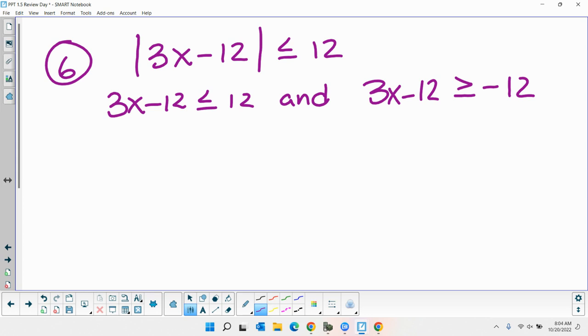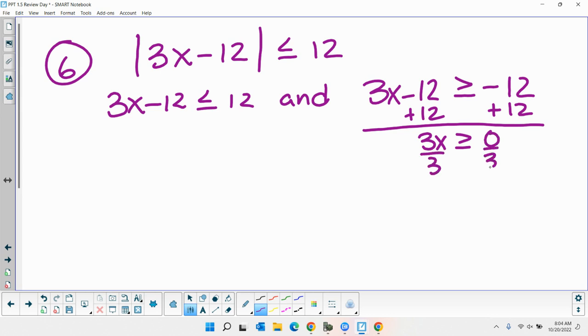And we'll do negative 12 plus 12 is 0. 0 divided by 3 is what? 0. That's an answer, right? That's not a no solution. You can divide 0 by anything and get 0. You just can't divide by 0. That's when you get that no solution stuff.